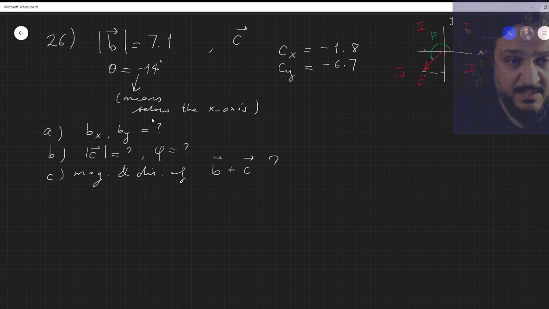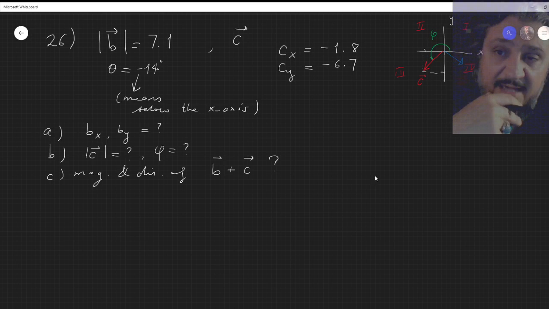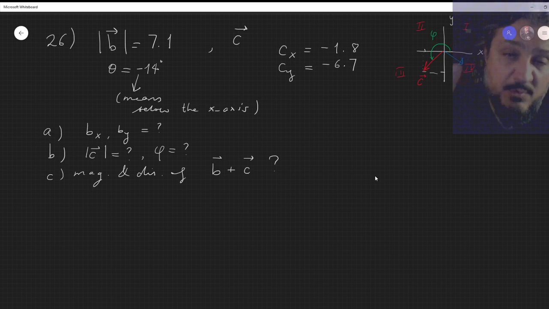The book says below the x-axis, and I wrote it as negative, so we know we're talking about a vector that looks like this. It has to have a positive x component and a negative y component. So the Bx and By we're looking for will be here. This is Bx, and this one will be By.